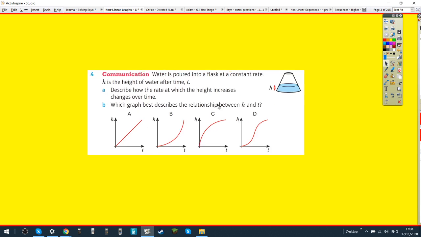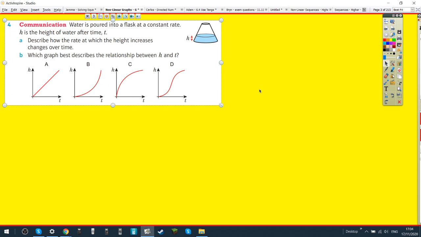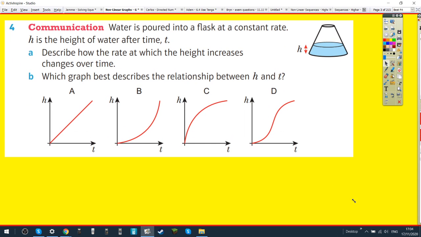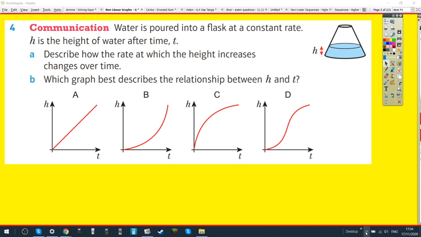Okay. Let's see. How about this one? So do I have to do A and B? Let's just do B. Okay.